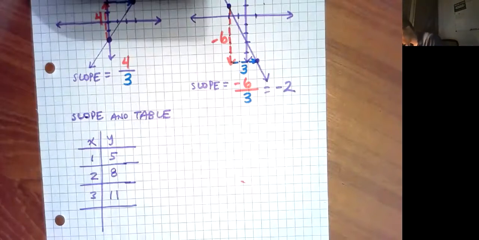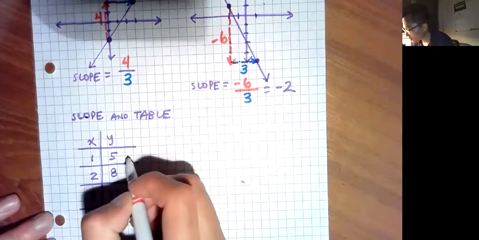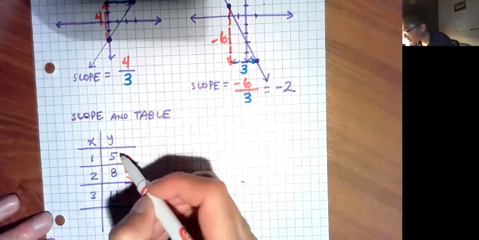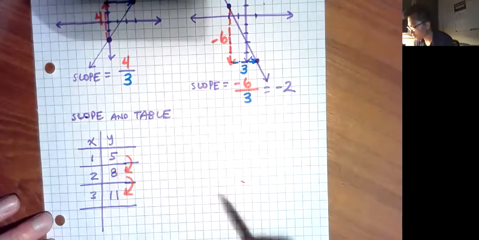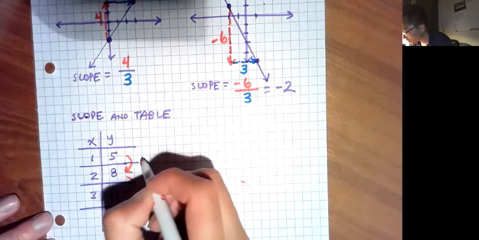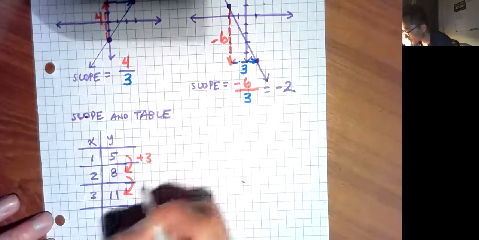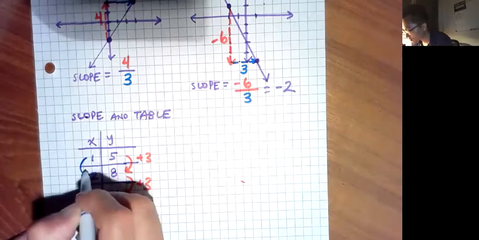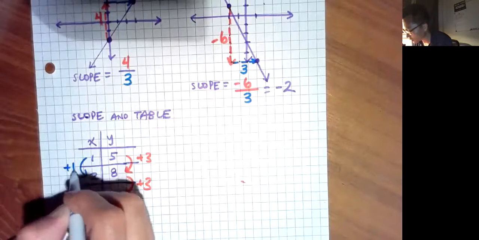Okay, I'm going to use my red color for change in Y. So that's how much is it changing between each of these Y values. In this case, it's going up 3. How much is it changing between these X values? It's going up 1.